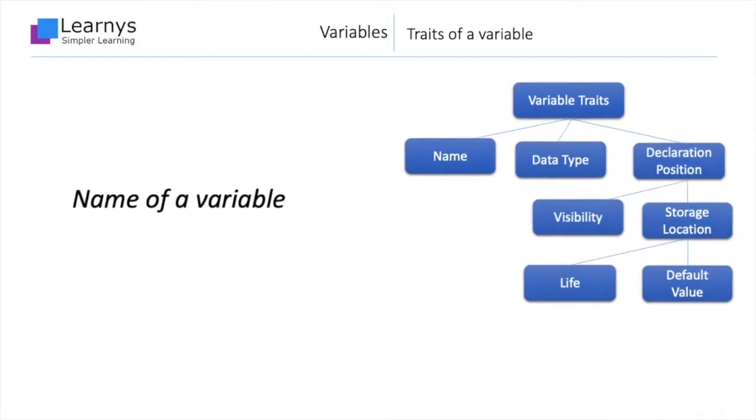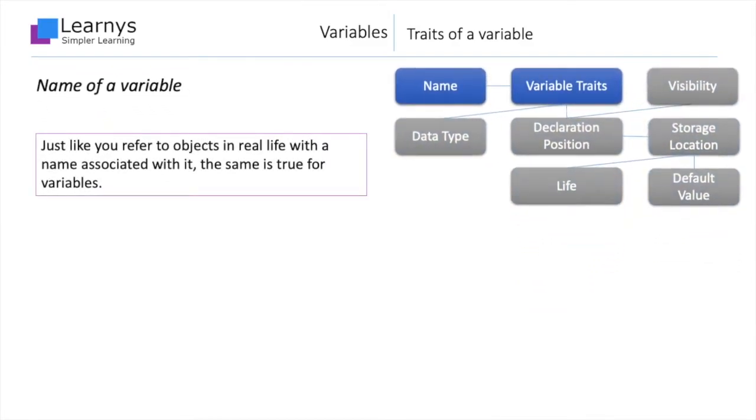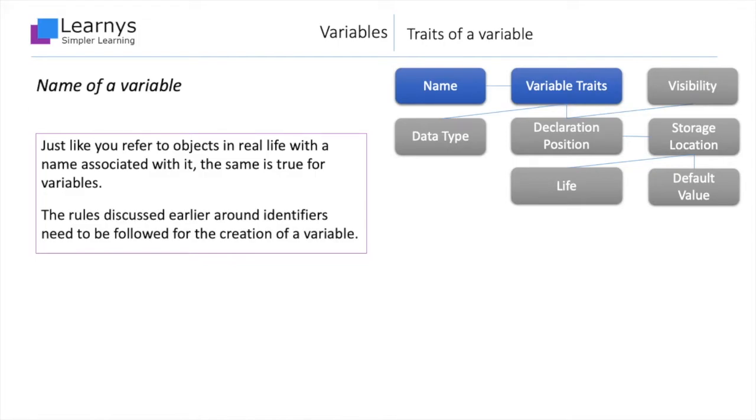Just like you refer to objects in real life with a name associated with it, the same is true for variables. We use the concept discussed earlier to assign a particular identifier for each variable declared in the memory. The rules discussed earlier around identifiers need to be followed for the creation of a variable.